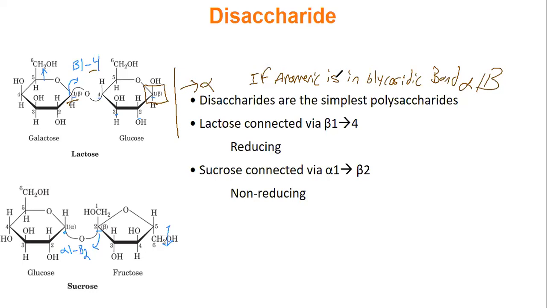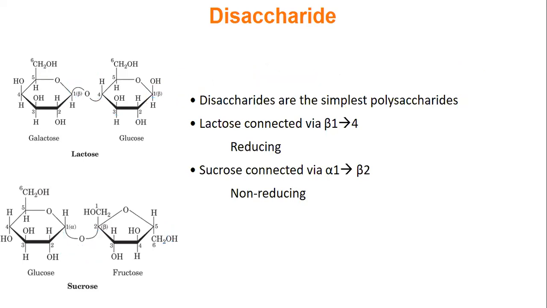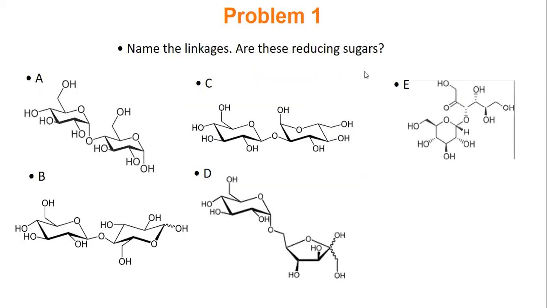All right, let's do some practice then. At least I hope that's the next slide. Yeah, it is. Name these linkages. Are they reducing sugars? So I'll do number 1 just to show you what we're doing, right? First thing first, always find your anomeric carbons. Anomeric carbon and anomeric carbon.